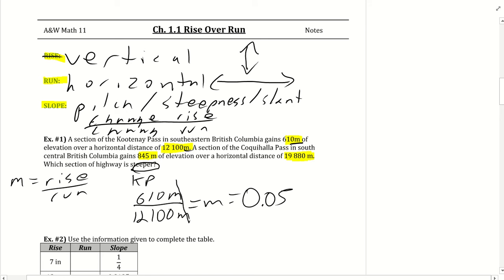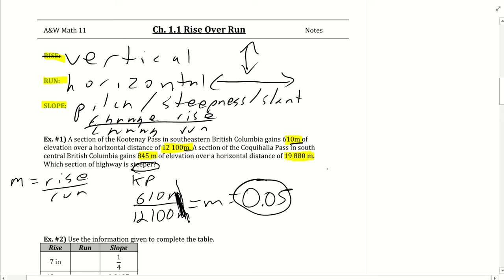If one is centimeters and one is meters, you have to put them both as centimeters or both as meters, whatever you choose. But you have to have the consistency here. I don't like the word cancel out, because cancel means 0. I really like the fact that meters divided by meters is 1. Anything divided by itself is 1, so when you times that, that's why you get the slope here.